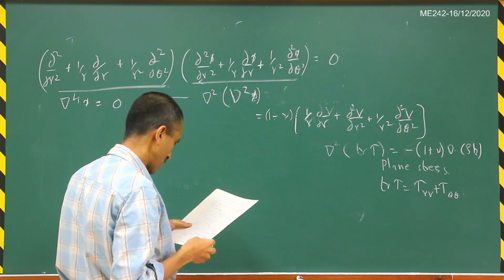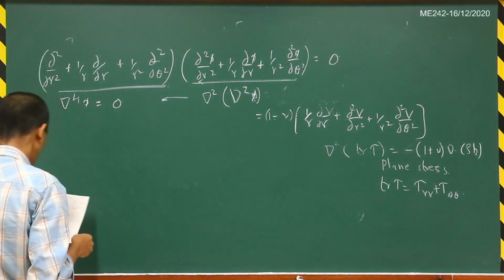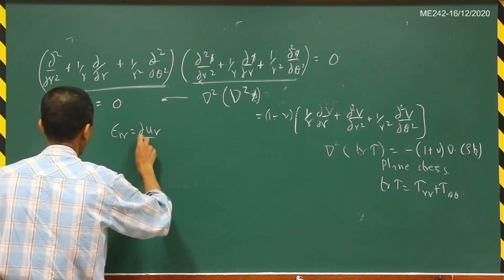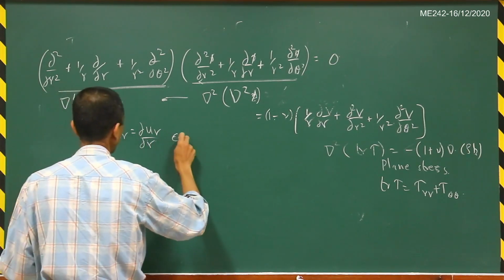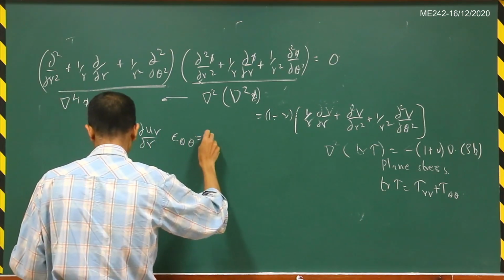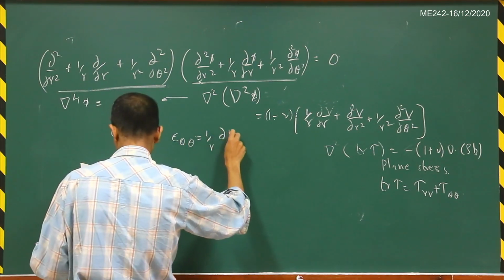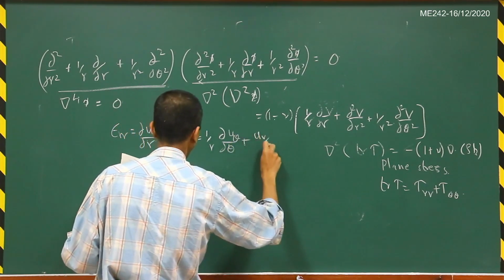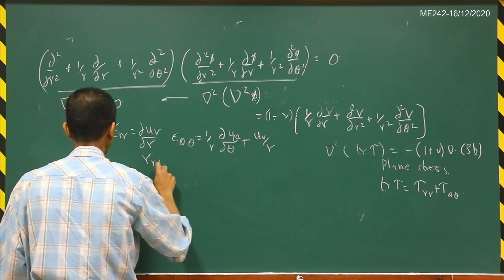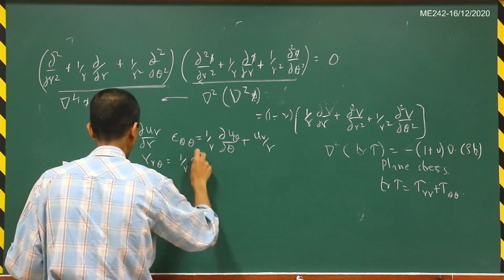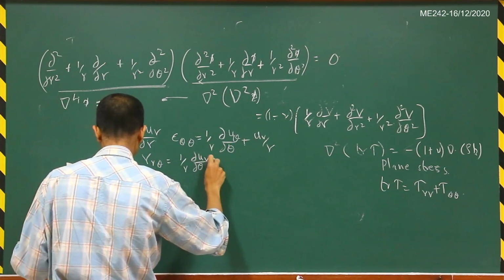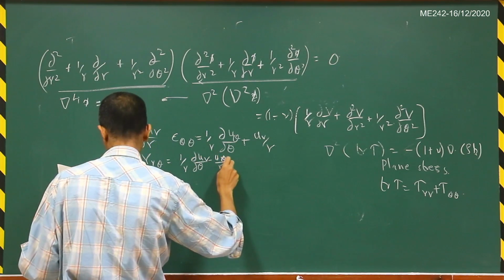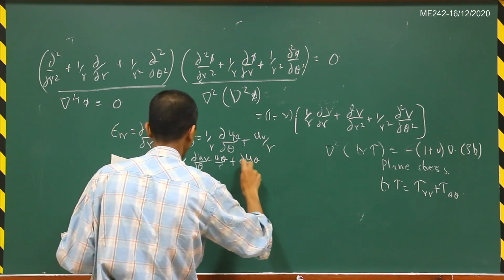The strain components are given by epsilon r is equal to del ur by del r, then epsilon theta theta is equal to 1 by r del u theta by del theta plus ur by r, and gamma r theta is equal to 1 by r del ur by del theta minus u theta by r plus del u theta by del r.